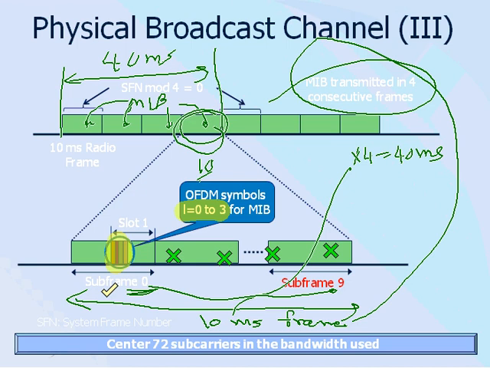Symbols 0, 1, 2, 3 in the second slot. That's it. So in summary, we know now exactly at what time we will find the broadcast channel. In terms of frequency, center 72 subcarriers.